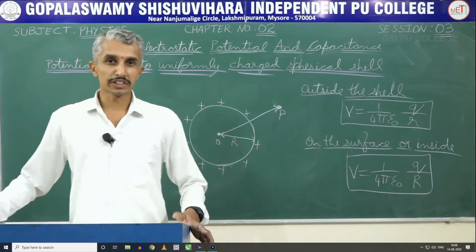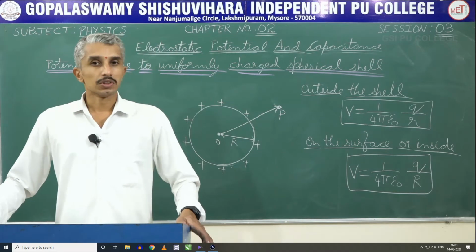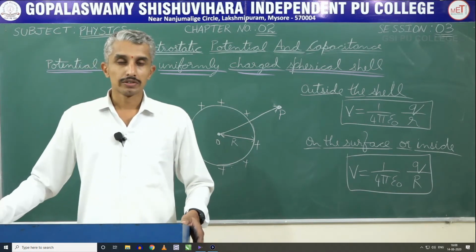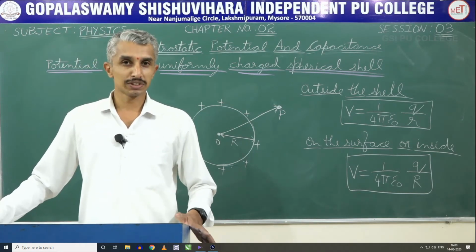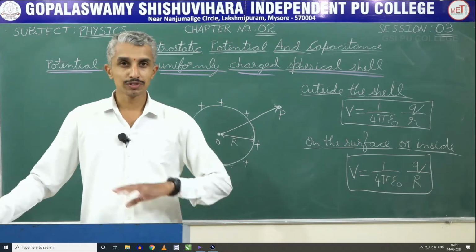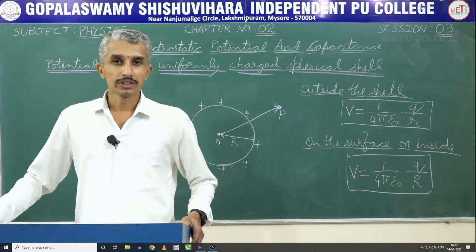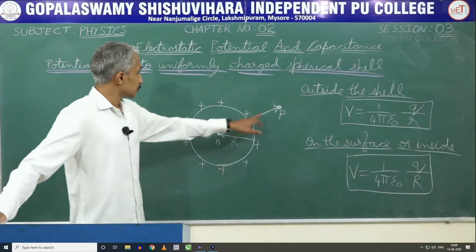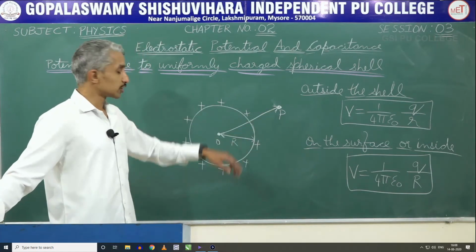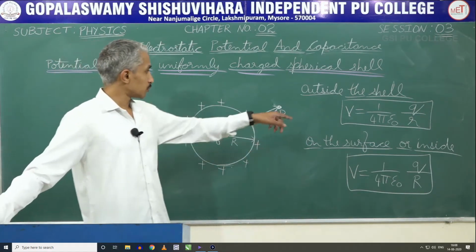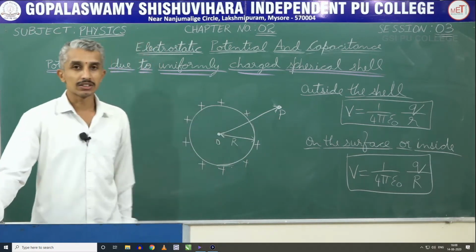When it comes to continuous charge distribution, we have a spherical shell. When a spherical shell is being charged, the charge distributes uniformly all over the surface. In such a case, the potential at any point outside the sphere is given by 1 by 4 pi epsilon naught into q by r.